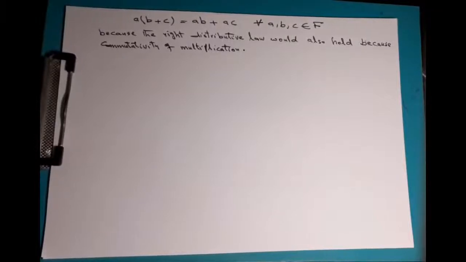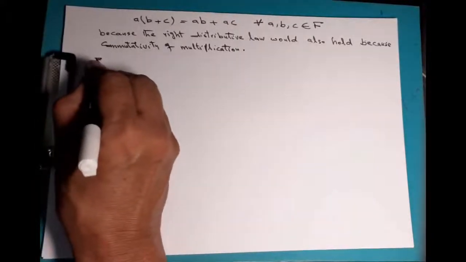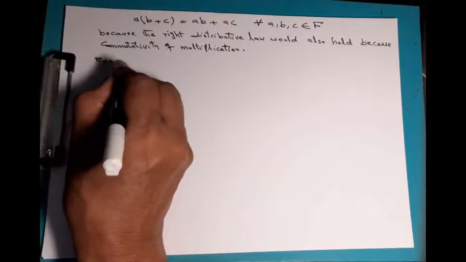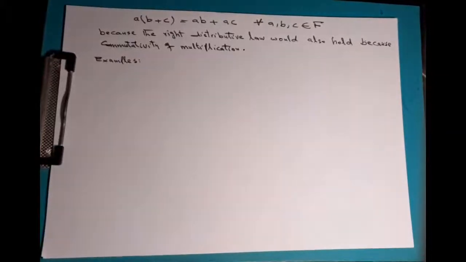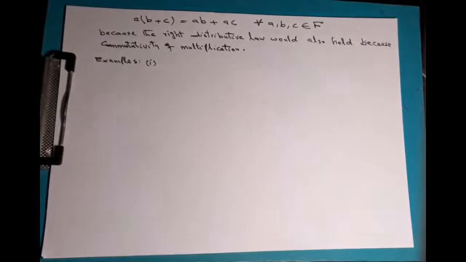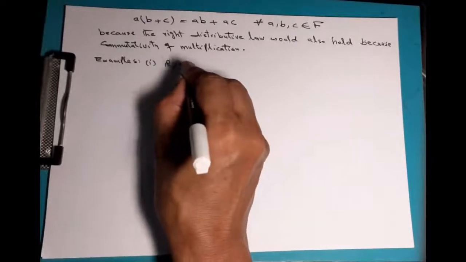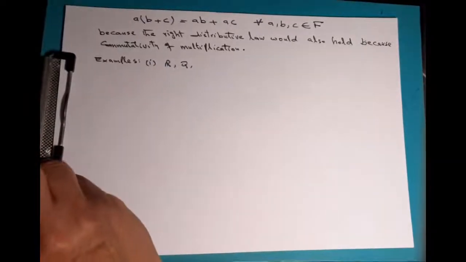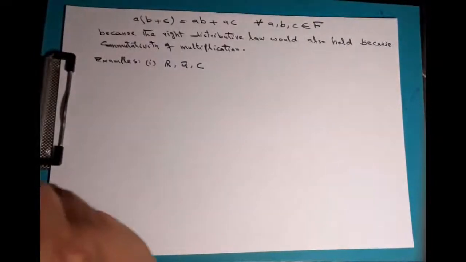So having said that, let's come to some examples of field. So first example are R the field of real numbers, Q the field of rational numbers, C the field of complex numbers. These are fields.